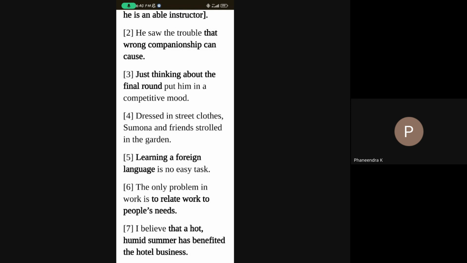What kind of clause is it? Adverbial. Why is it adverbial? Why would that be considered adverbial? It describes the reason behind the stroll. No, it does not give you any reason.